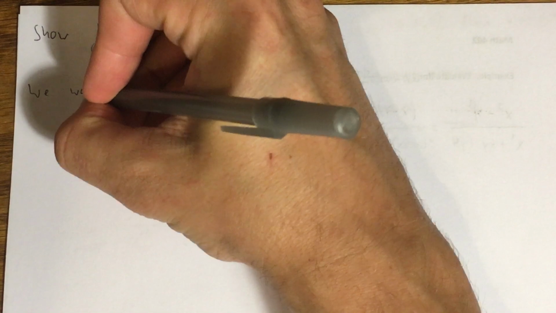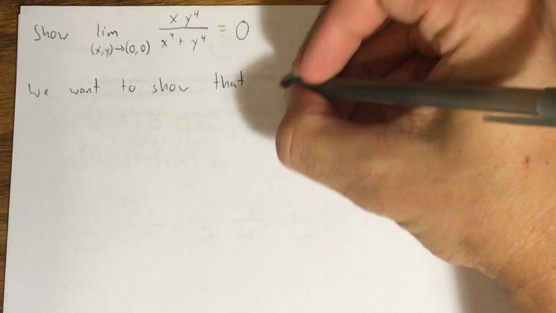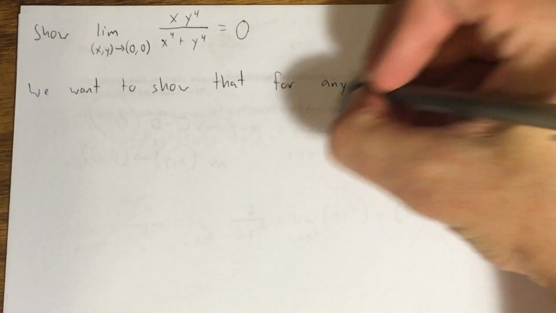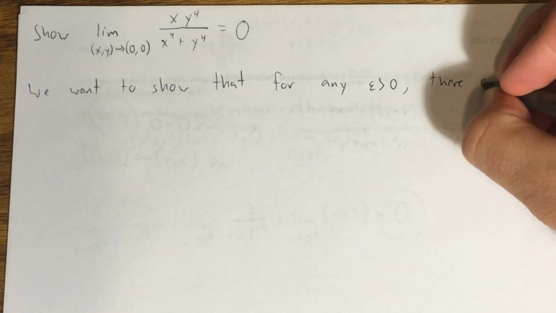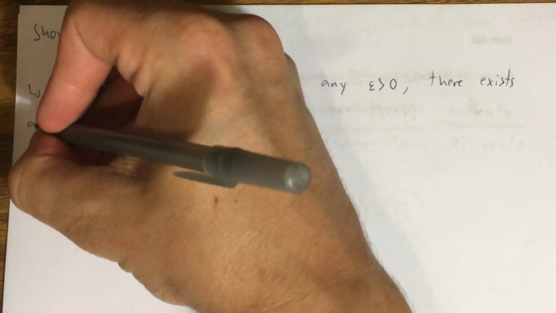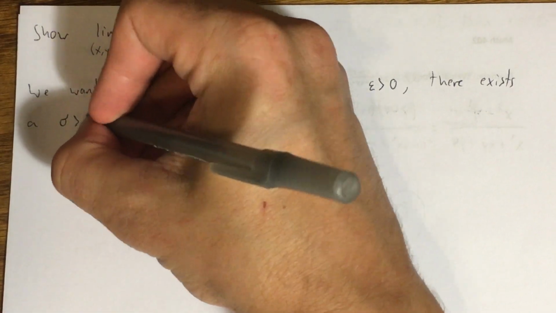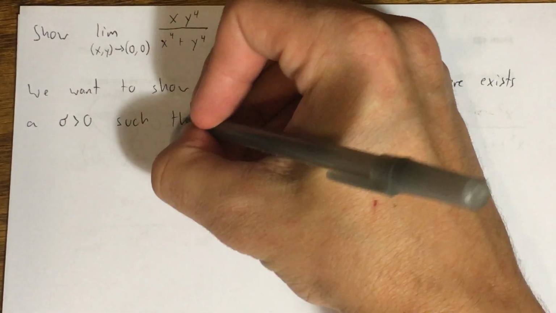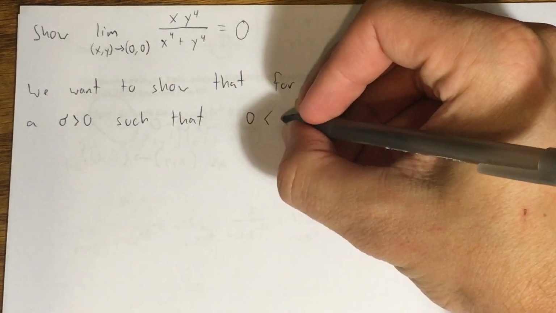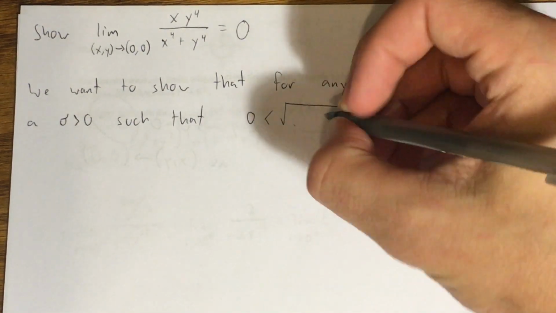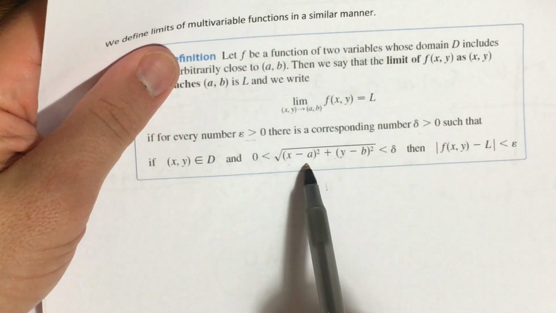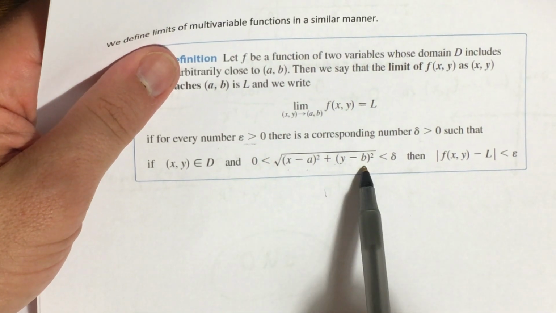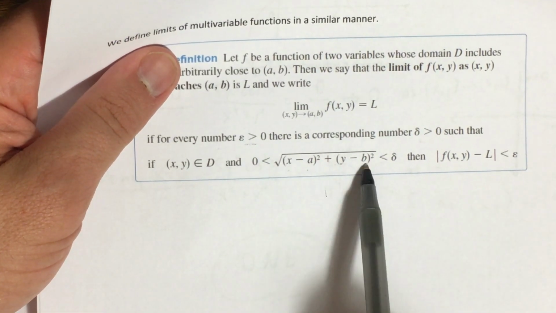We want to show that for any epsilon greater than 0, there exists another positive number, delta, greater than 0, such that if this is true, now again, remember the statement of our definition says x minus a, y minus b, but a and b are the coordinates of the point that xy is approaching.